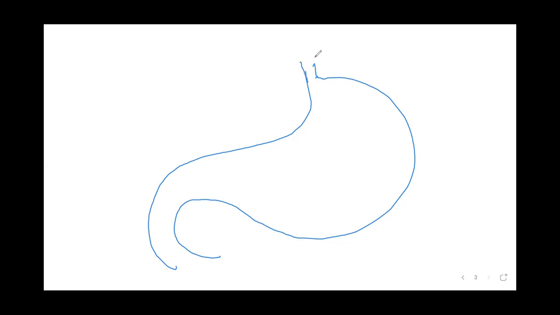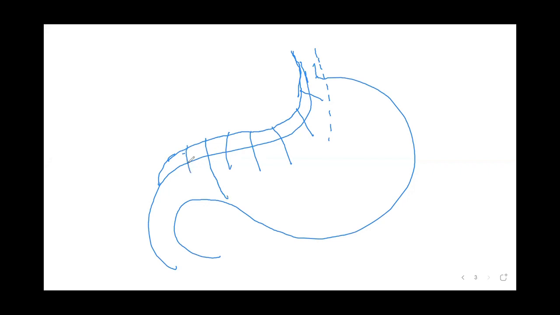You have the anterior vagus and, let's say, the posterior vagus. Now, just about 2 centimeters from the margin, it gives branches that supply the stomach. And the terminal branch is called the nerve of Latarjet.